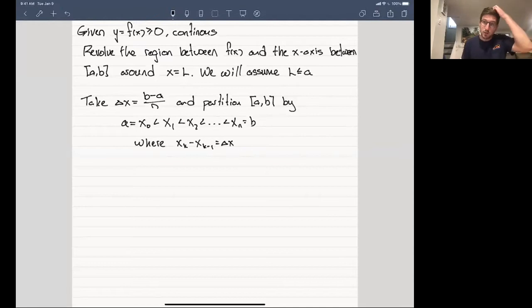So we just partition this interval into a bunch of little sub-intervals, the same thing that we've been doing with Riemann sums.